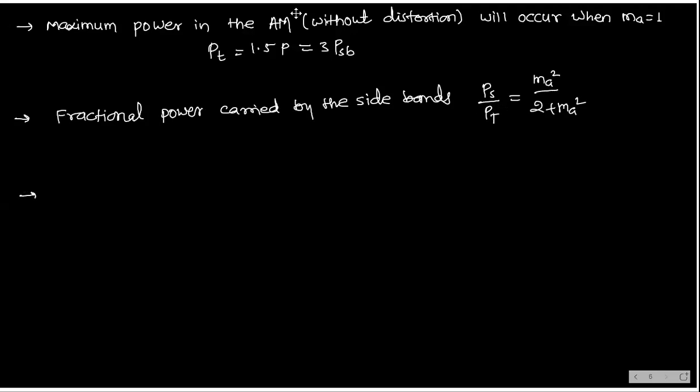Next point, fractional power carried by carrier wave is equal to PC by PT, and this is equal to 2 by 2 plus ma square. Okay.